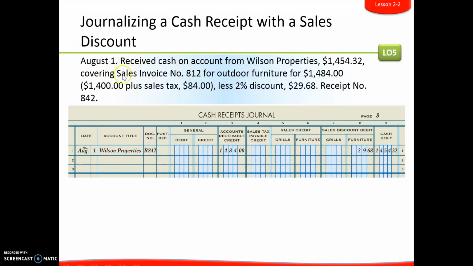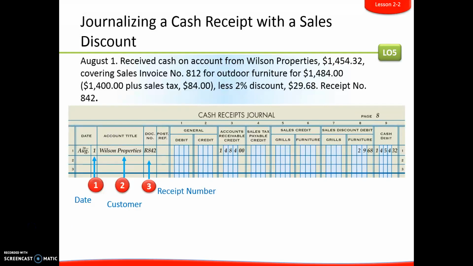It says on August 1st, we received cash on account from Wilson Properties for $1,454.32, covering our sales invoice number 812 for outdoor furniture, less a 2% discount. Receipt number is 842. First thing we do is put our date in. Our account title, of course, is our customer, which is Wilson Properties.